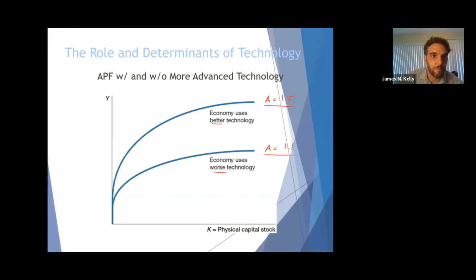Notice that we have capital on the x-axis, which means labor is being held constant. So let's just find a value of capital. Let's just say we have 100,000 units of capital. Remember, labor's being held constant.